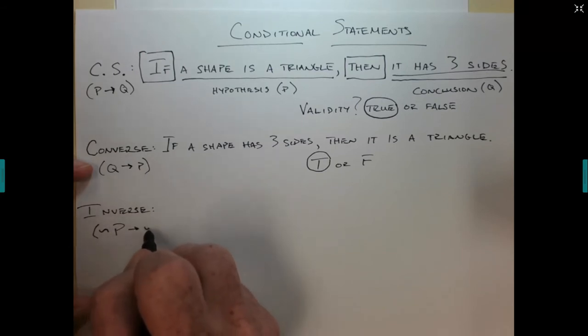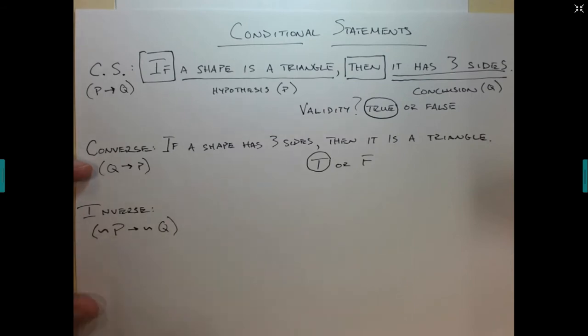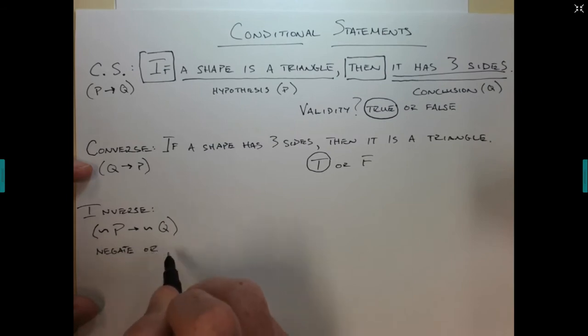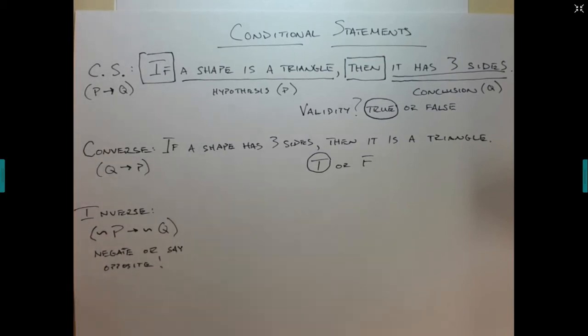We're not going to move the conclusion, but I've put this squiggle in there, and that means we're going to negate, or say the opposite, of the hypothesis and conclusion.